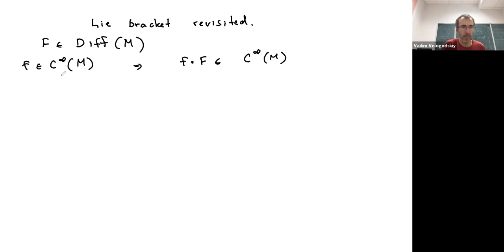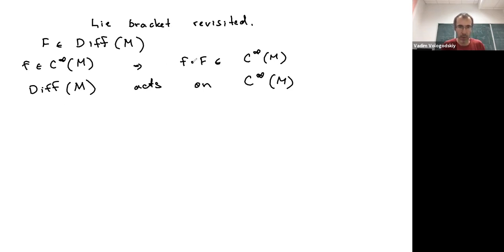So another way of saying it is that Diff, viewed as a group, acts on C infinity of M. This C infinity of M is a representation of this group.